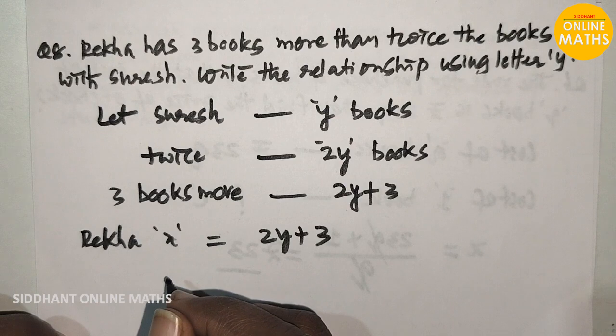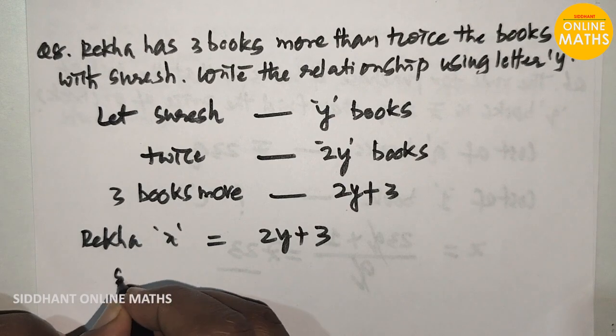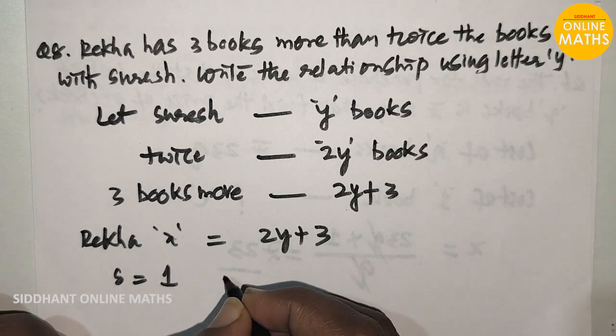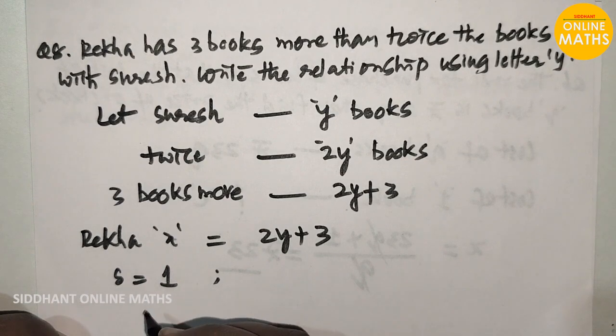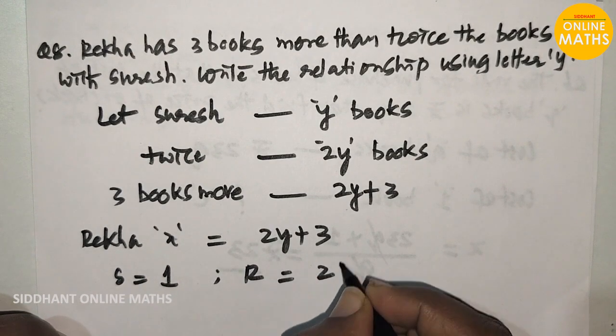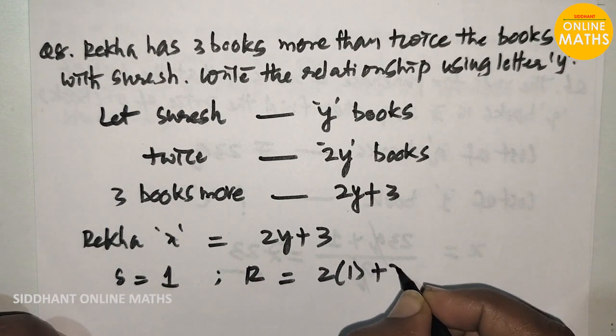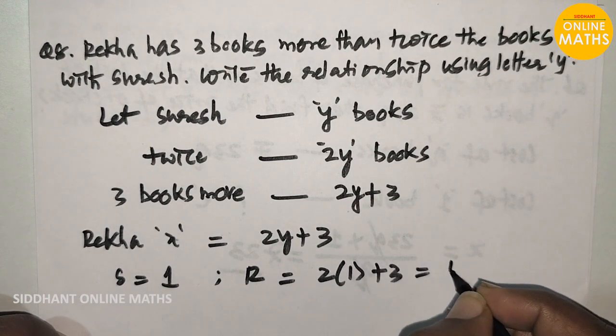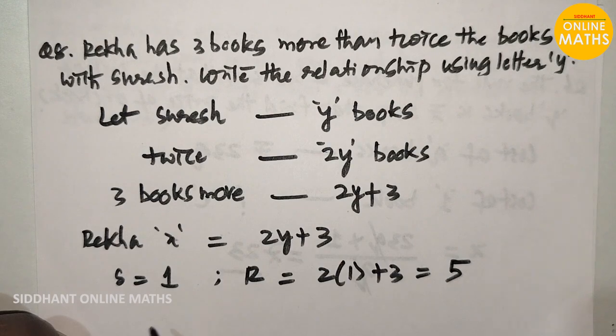If Suresh is having 1 book, then Rekha will have 2 into 1 plus 3, that will be 5 here. That means twice the books of Suresh means 2, and 3 books more, that means 2 plus 3, that means 5.